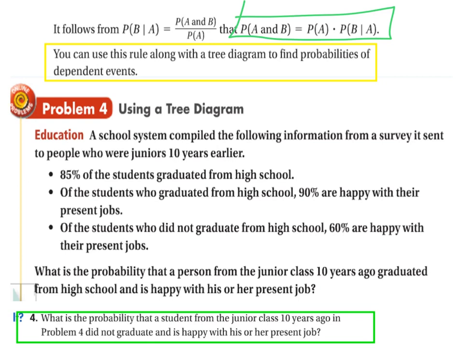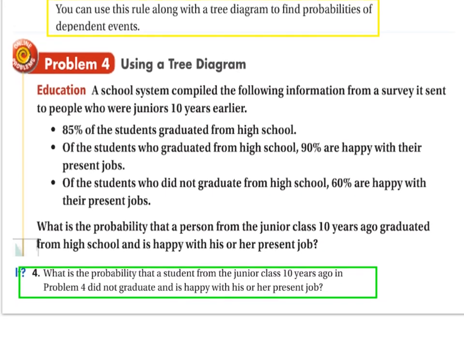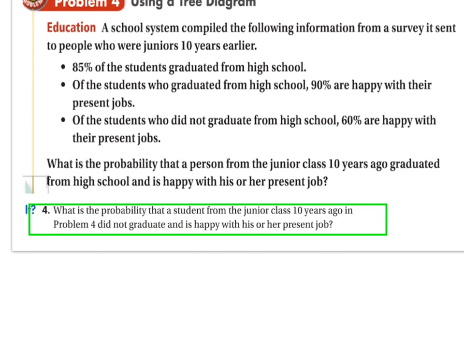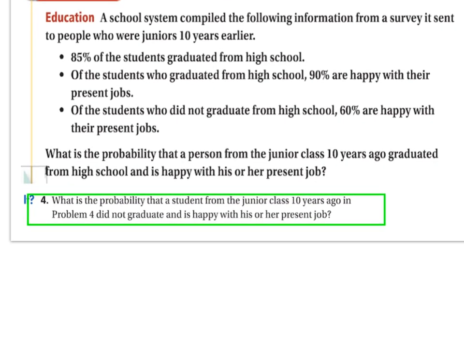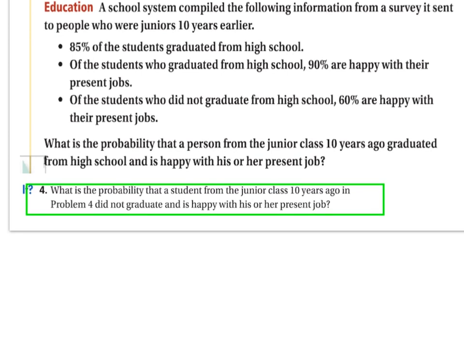So we have a school system that compiled the following information from a survey it sent to people who were juniors 10 years earlier. So it says 85% of the students graduated from high school. So we create a tree diagram, and so trying to do this in the space that I have here, the tree diagram would branch off like this.